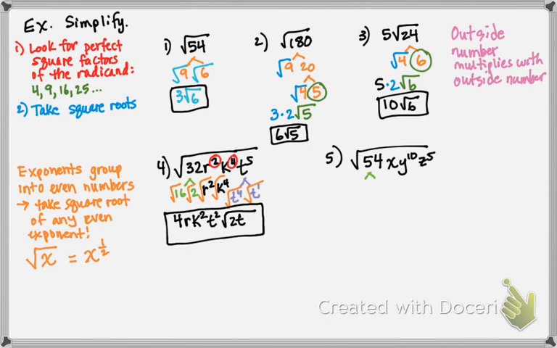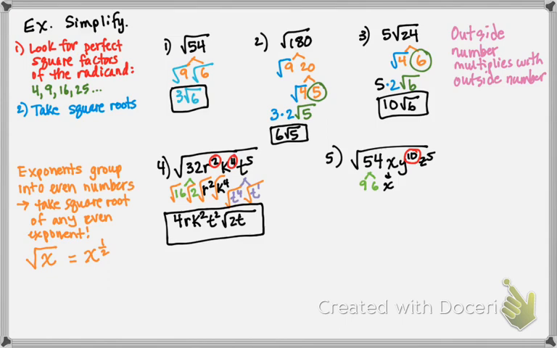So 54, biggest perfect square that I can factor out of 54 is 9, and it's 9 times 6. Now, I cannot take the square root of x, so I'm just going to bring him down, and I'm just going to write x, because I really can't do anything with him. Now, the good news is the y has an even exponent, so that's pretty cool.